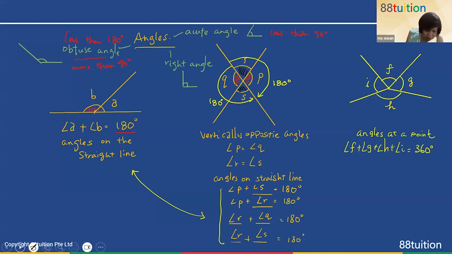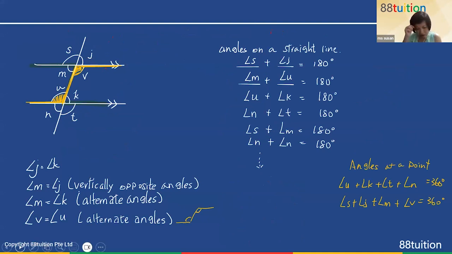Then we also covered parallel lines. So there's a pair of parallel lines here. We say these two are parallel lines. When there is one line that cuts through this pair of parallel lines, we can form a lot of properties.